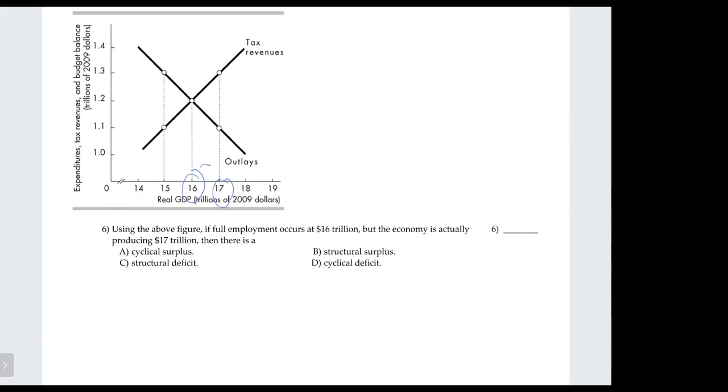Now in this chapter, this is going to talk about surplus or deficit. And certainly we are going to have a surplus, right? Why is it going to be a surplus? Because we are producing more than our potential can produce. What type of surplus is this? So actually this is called cyclical, right? This is due to the business cycle. All right.